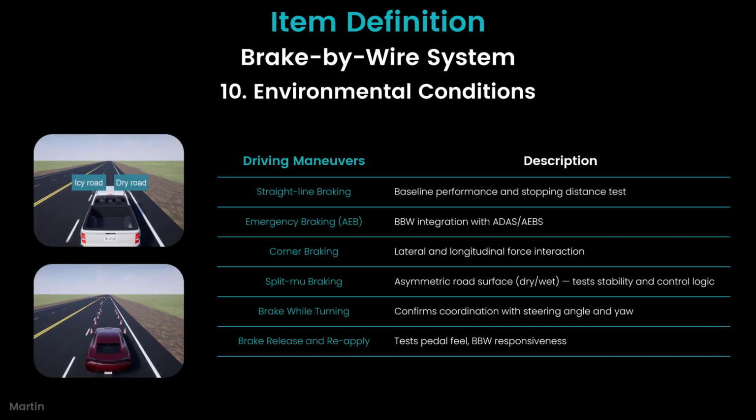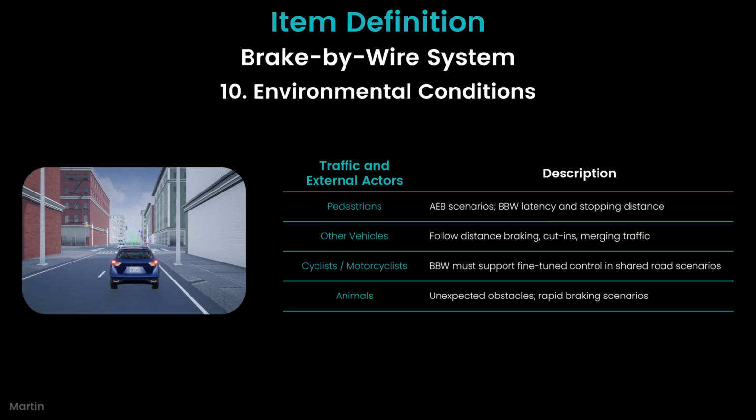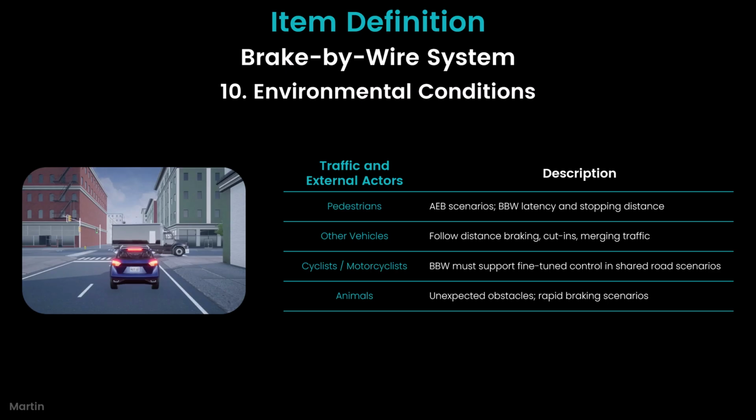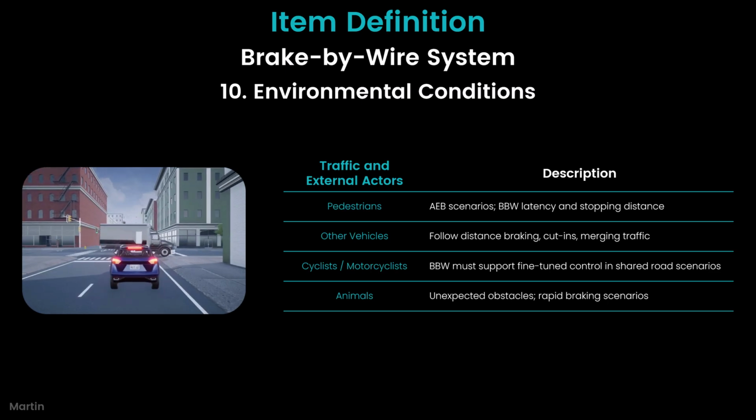Moreover, driving maneuvers shall be included to comprehensively address environmental conditions. Furthermore, the behavior of other traffic participants and external actors, including pedestrians and cyclists, should be taken into account.